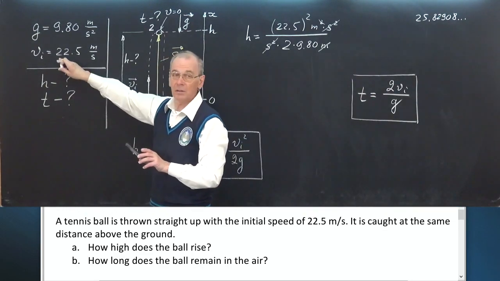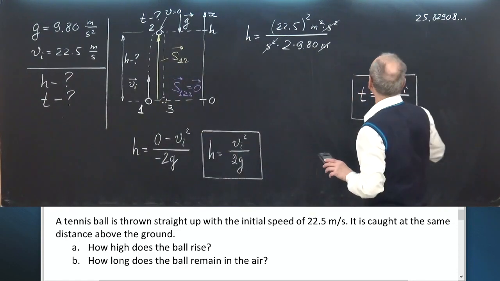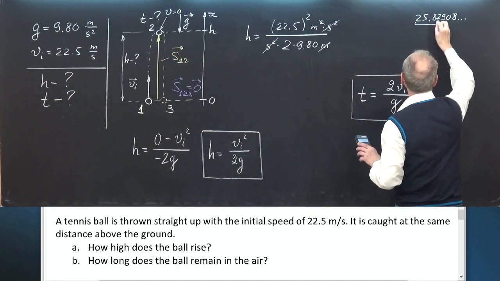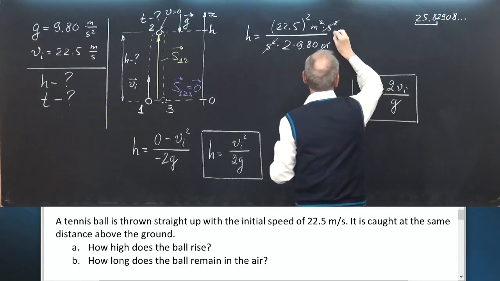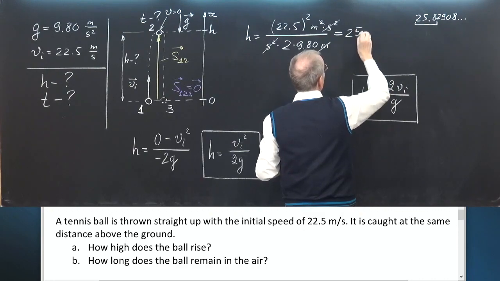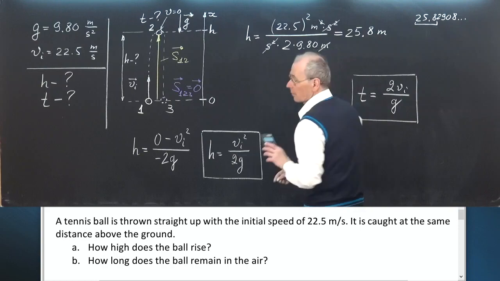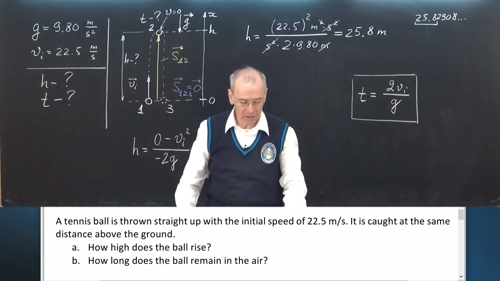We must round this result to 3 significant digits. So we can write 25.8 meters. This is the height.